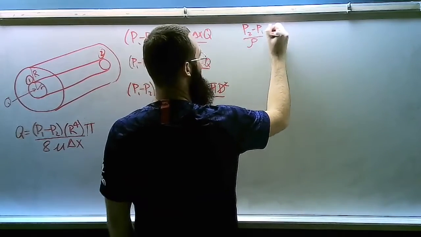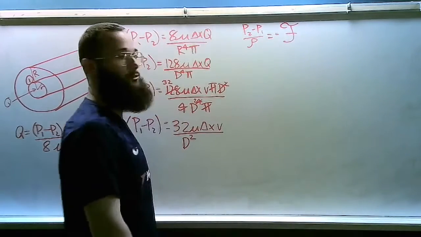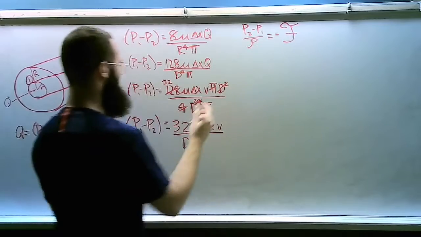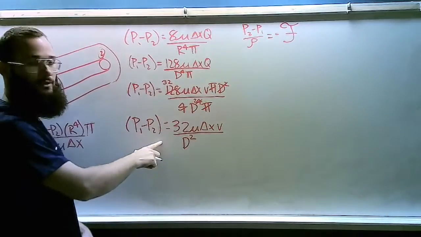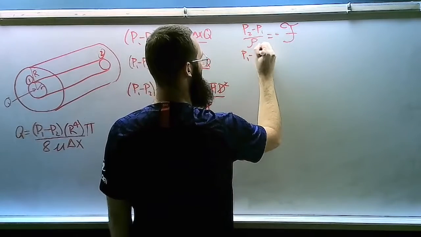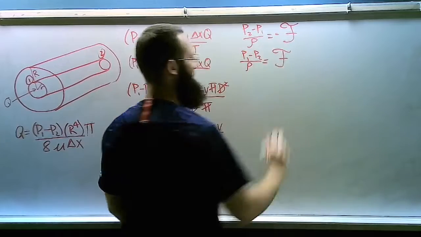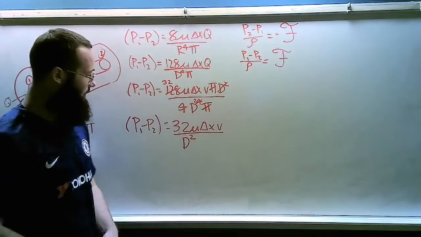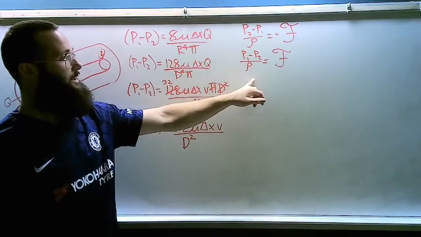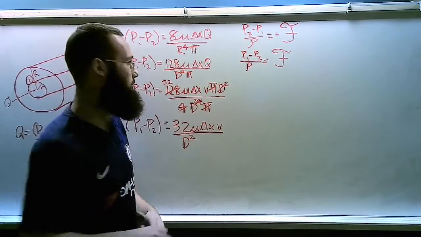So that means all we have for Bernoulli's equation is P2 minus P1 is equal to negative frictional heating. However, we want this to be P1 minus P2, because that's what we solved for here. So we're going to flip that around, and that'll also be handy in getting rid of the negative in front of the frictional heating. So now we just need to substitute this in, and substitute in what our frictional heating is in terms of the fanning friction factor.